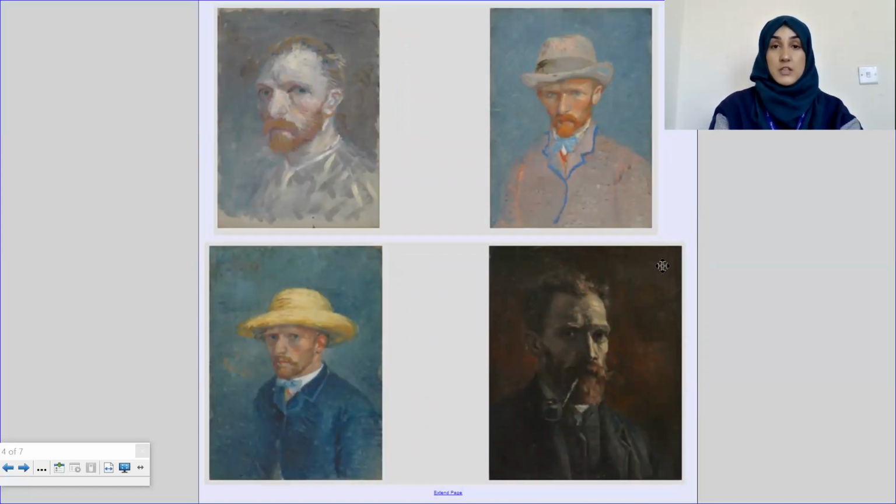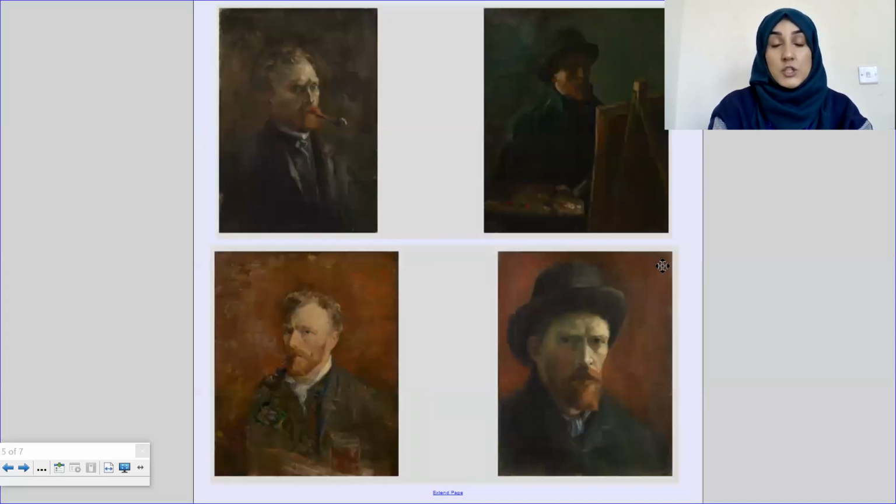Is he just like this, or is he smiling, or is he sad? How does he look? I can see a lot of sadness in his eyes, actually. But that may be influenced because I know the issues that he suffered with. So my opinion is probably biased, and it's influenced by my previous knowledge.